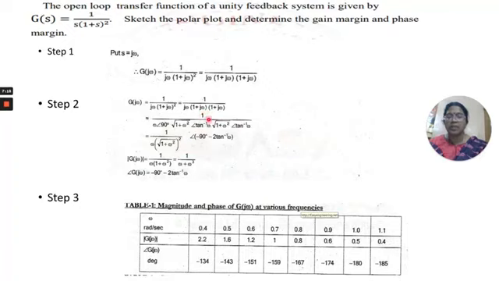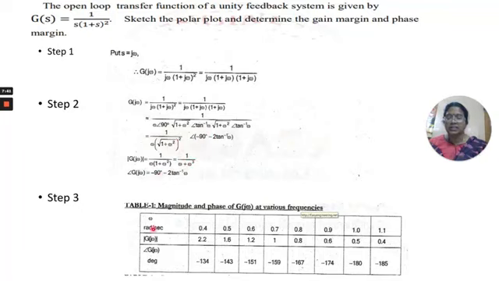Now in step 3 we will assign various values of omega because we are going to plot the graph. For that we need many values of omega. So we have assigned the values of omega as 0.4, 0.5 up to 1.1, and we are going to substitute these values in the magnitude. So instead of omega we substitute 0.4 and calculate the magnitude. The magnitude value will be 2.2.